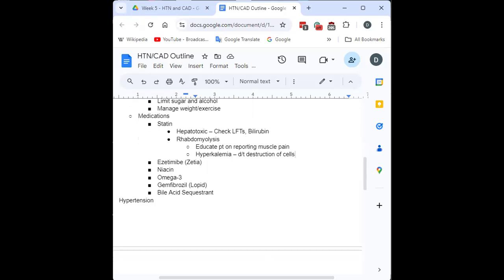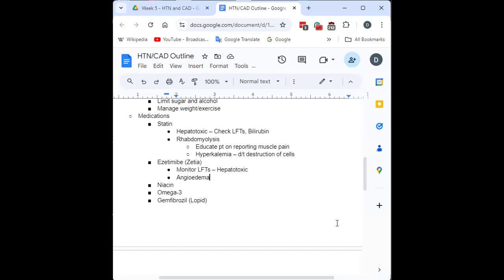Okay, so when it comes to Zetia, or ezetimibe, the only thing again is to monitor LFTs because it's hepatotoxic. Trying to see if this one is going to cause rhabdomyolysis. This one maybe angioedema, which is the inflammation of the tongue.